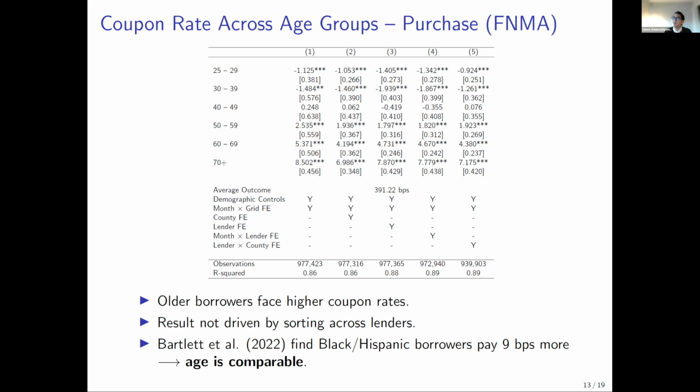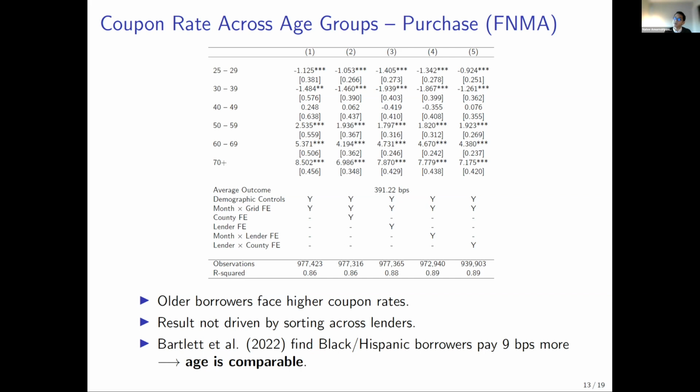And once again, similar to the rejection probability result, you see that the coefficients from the 25-29 age group increase almost monotonically up to the 70+ age group.